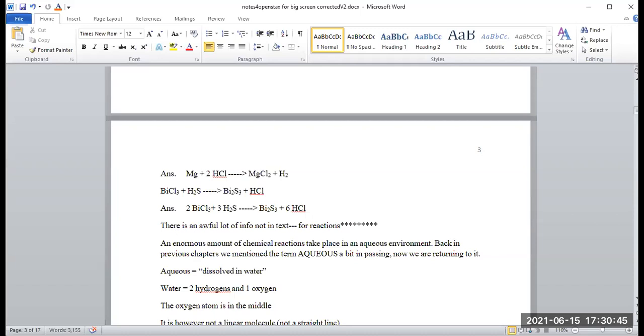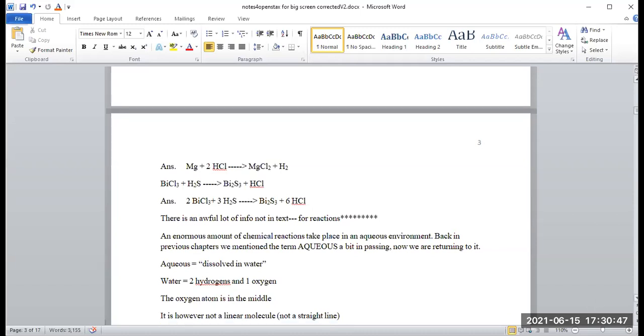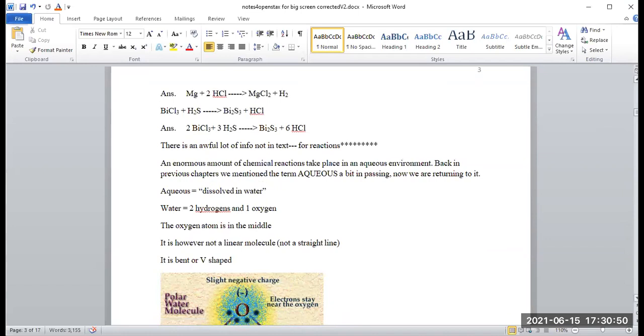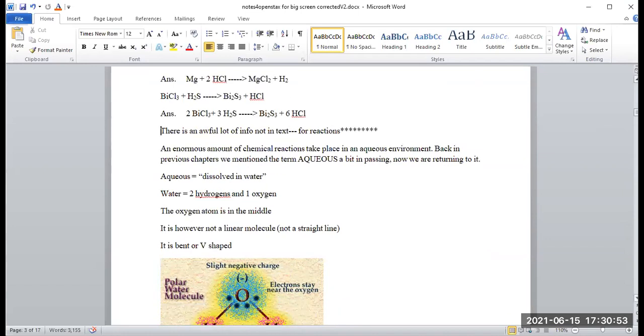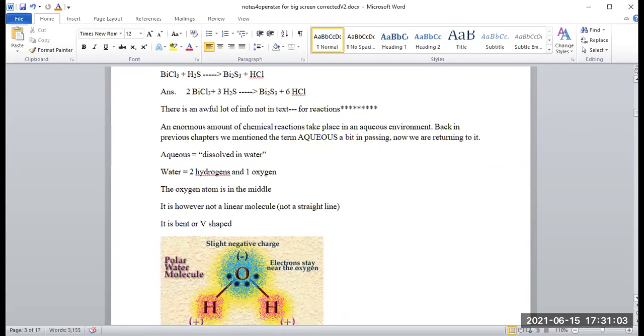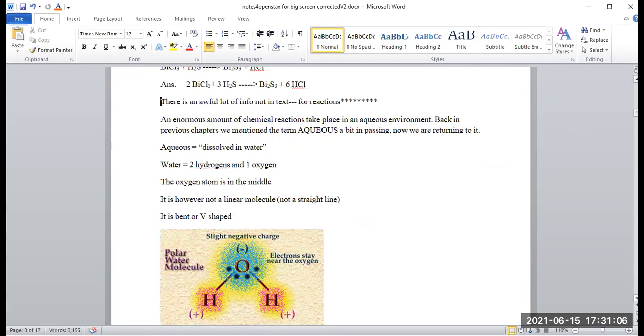All right, so aqueous, dissolved in water. We know things about water. We know that water is 2 hydrogens and 1 oxygen. One of the things that is not stressed when you first see the water molecule, probably in middle school, is the fact that your oxygen hydrogen connection points don't actually make a straight line, okay?